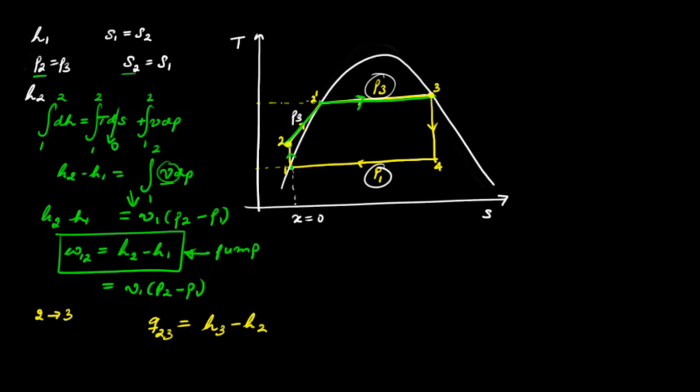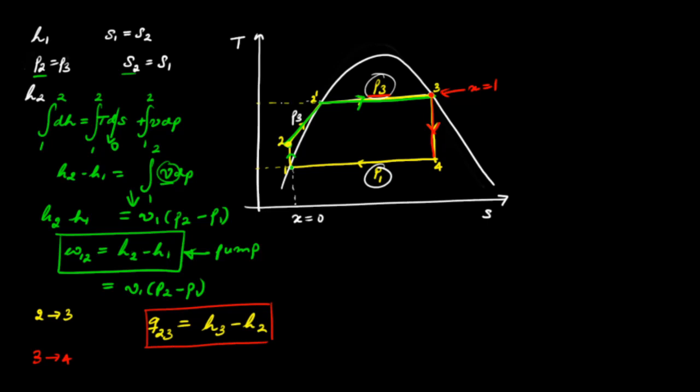And then we can look at this process 3 to 4, that is expansion of steam in the turbine. And now we can find the state 3 because we have pressure P3 that is known, that we have fixed, and quality is 1 because here we have a saturated vapor. So that's how we can calculate the heat that is added.